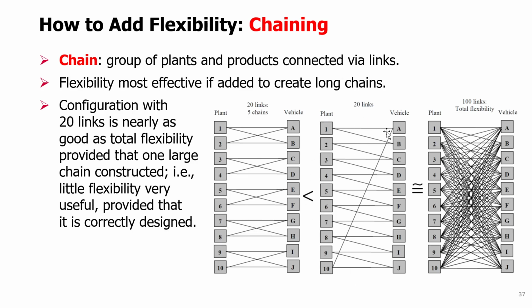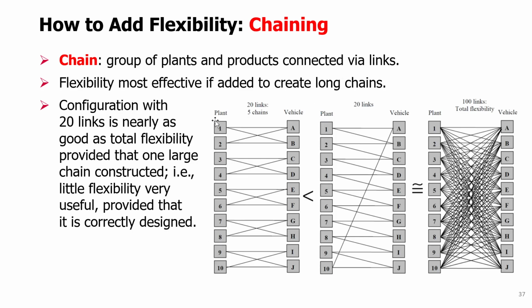So this creates one chain, where when we get to vehicle J, which can be produced by plant 10, plant 10 can also produce vehicle A, and you see it becomes like a cycle.